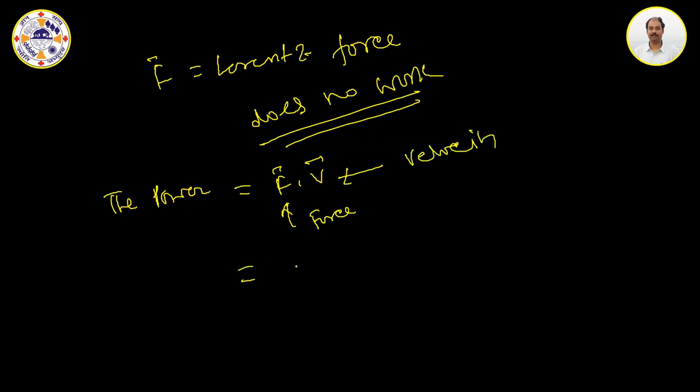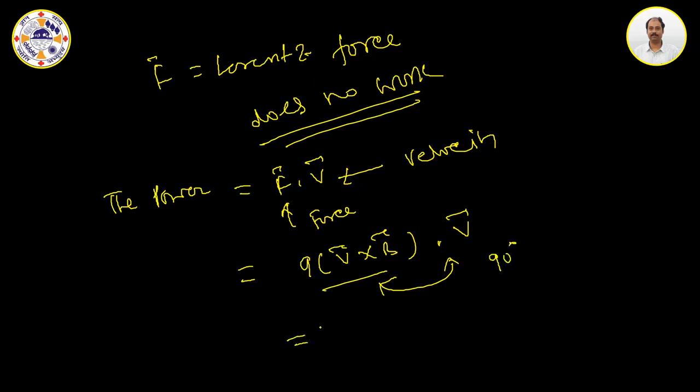Now for Lorentz force, F is equal to q into v cross B. So the angle between these two quantities F and v is 90 degrees. Thus the power delivered under this Lorentz force will always be 0. That is, the work done under the Lorentz force is always 0. So the Lorentz force does no work.